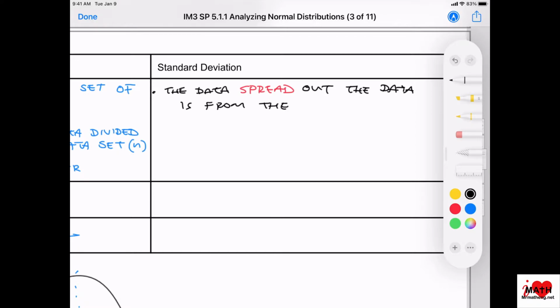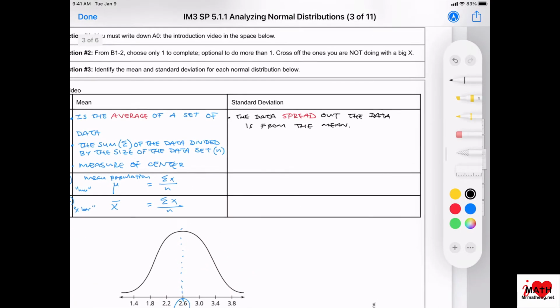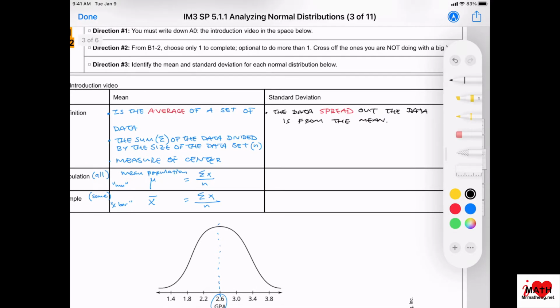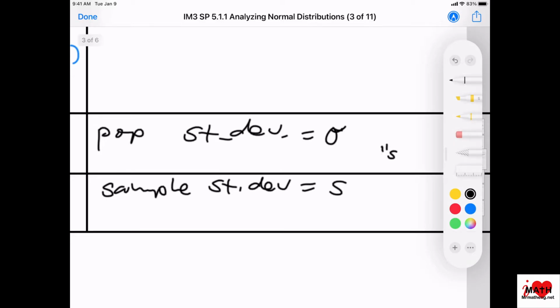So the starting point is the mean and you're going spread out, okay? The standard deviation of a sample, so we call that sample standard deviation, that's my abbreviation. They're going to have the letter just s, italicized s. If it's a population standard deviation, you're going to have this symbol, which is in Greek, it's an o with a little tail, and that's called sigma.